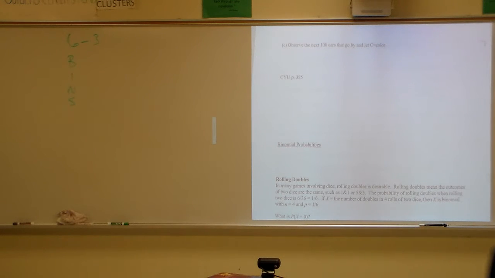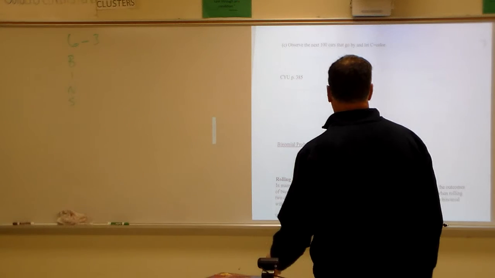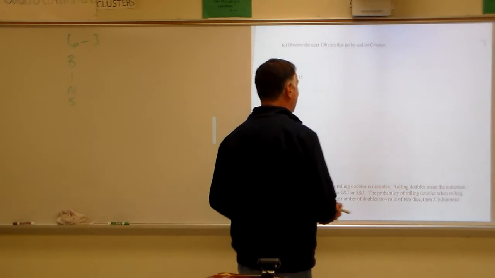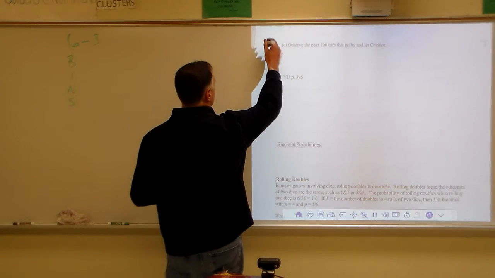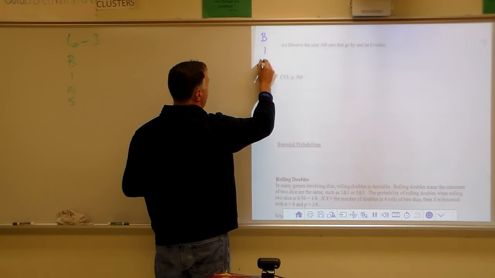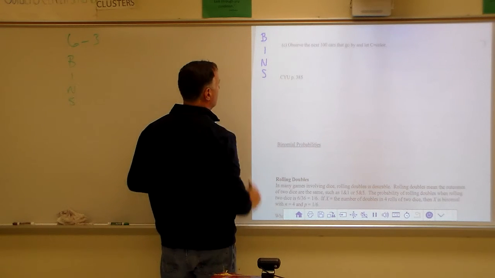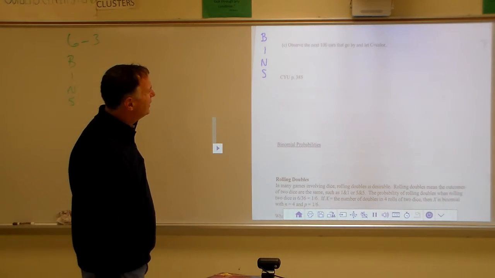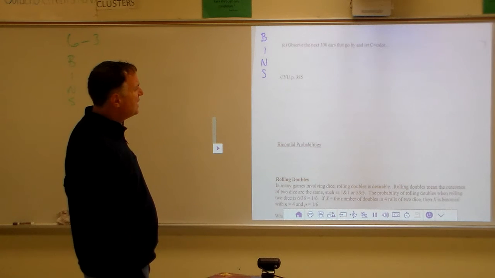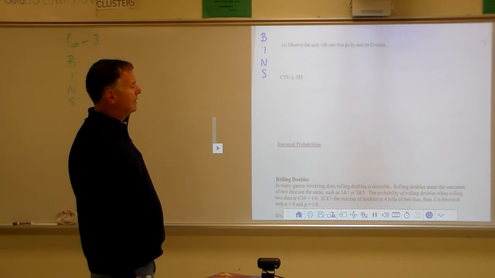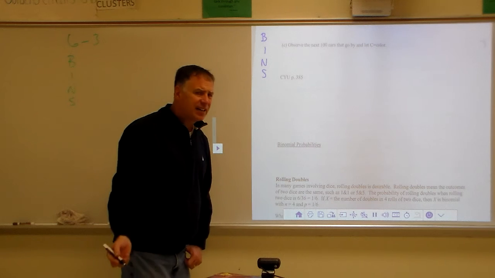All right, so it says observe the next 100 cars that go by and let C equal color. So let's do B, I, N, S. So 100 cars. Let C equal color. Well, it doesn't give us a binary situation.